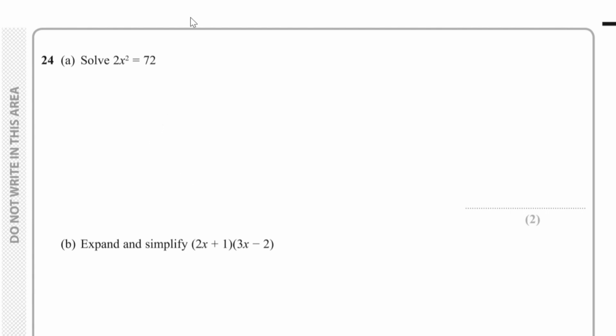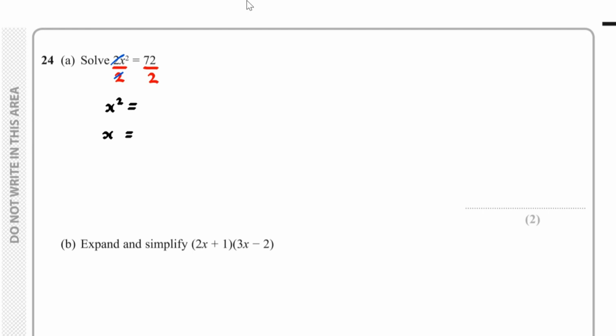Question 24, for part A we have to solve 2x squared equals 72. So if I divide both sides of the equation by 2, we are left with x squared equals 36, and to find out what x is, we would have to square root both sides.